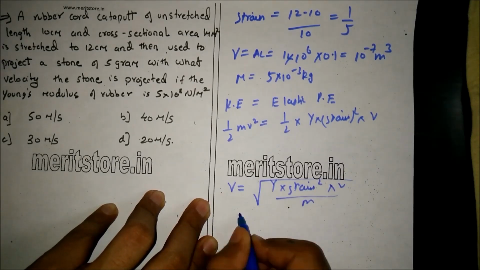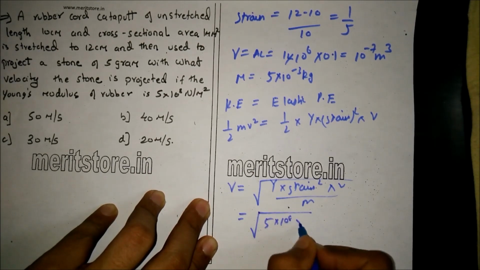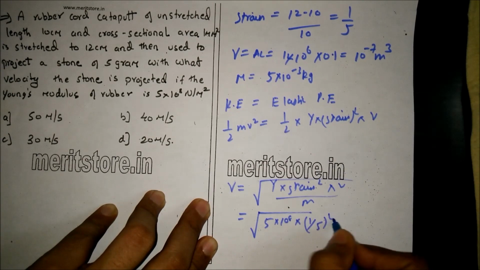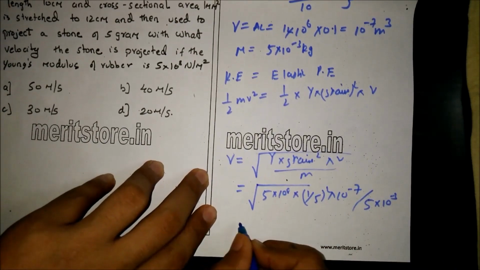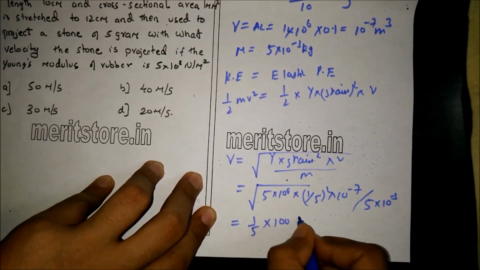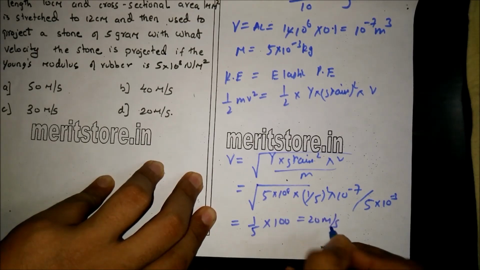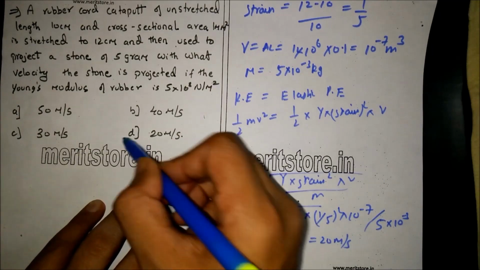Therefore, on substituting the values, we get 5 into 10 raised to 8 into 1 upon 5 the whole square into 10 raised to minus 7 upon 5 into 10 raised to minus 3, which is equal to root of 400, which is 20 meter per second. Therefore, the velocity will be 20 meter per second. Therefore, the correct answer is option D.